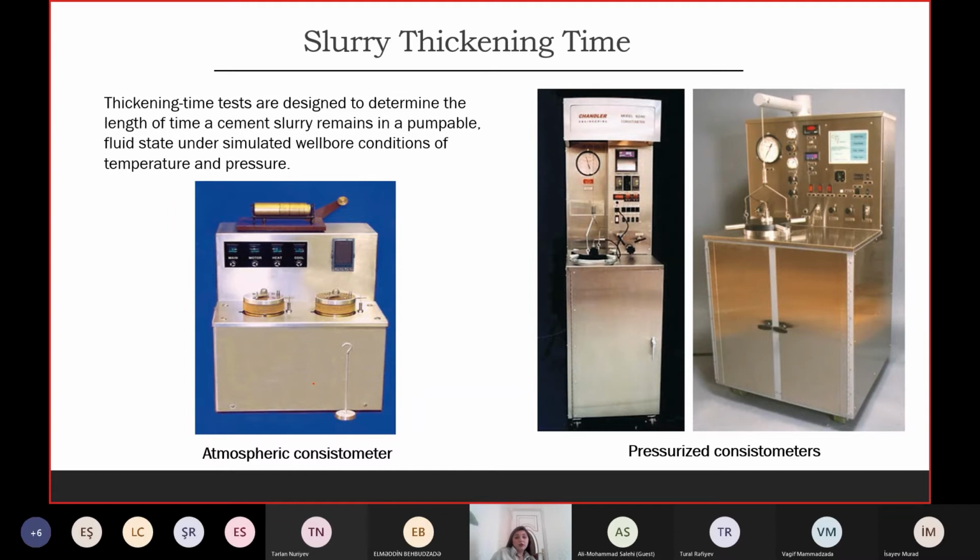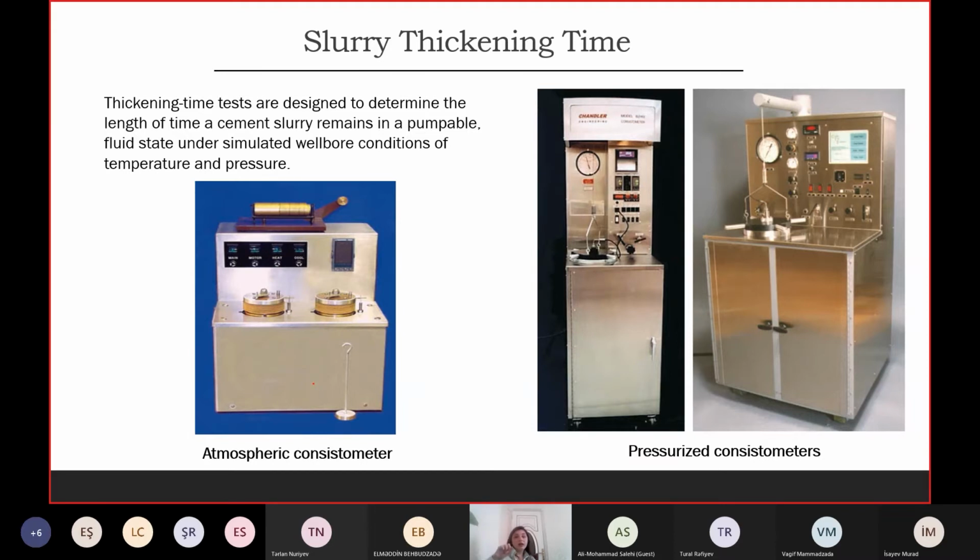So I told you how we measure thickening time. We use these consistometers. You can manually set, okay, I want this slurry to be conditioned from, let's say, 25 Celsius. When you mix it on the surface on the rig, it will be 24, 25, 28 Celsius maximum.